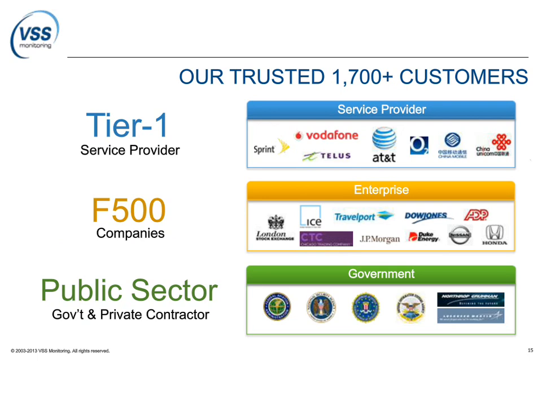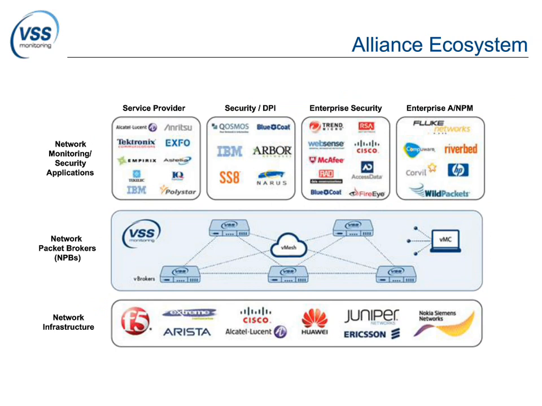So our alliance ecosystem. With our service providers out there, Tektronix was actually one of our sister companies out here. We play very well with Alcatel-Lucent, IBM, Polystar. On the security side, IBM again, Arbor Networks. Blue Coat is one of our key partners out there. RSA, of course, McAfee, Access Data, FireEye.